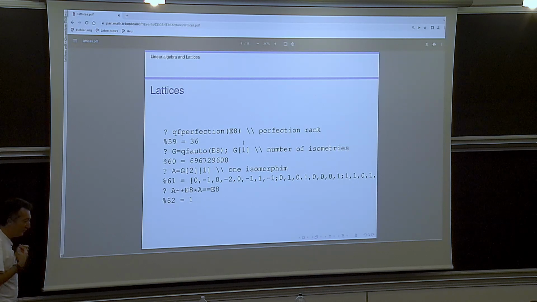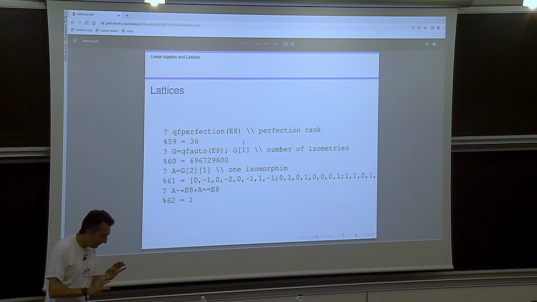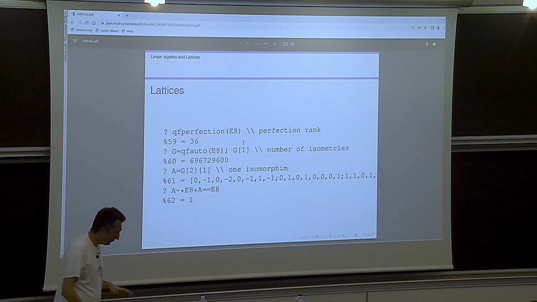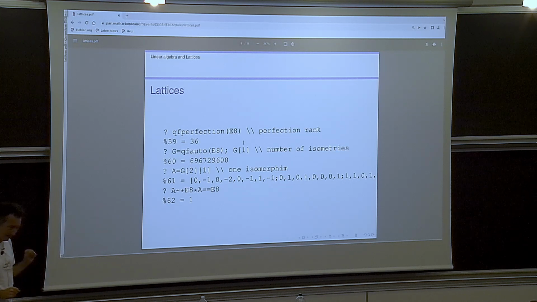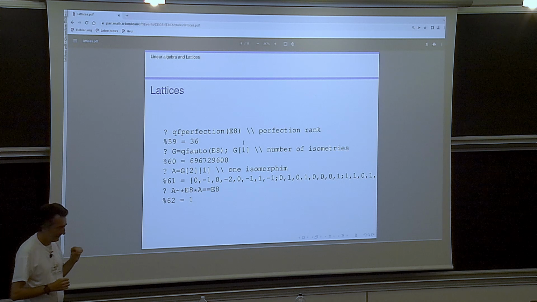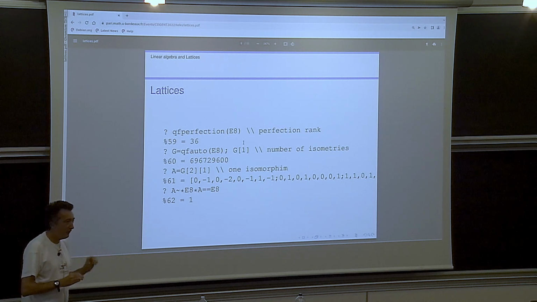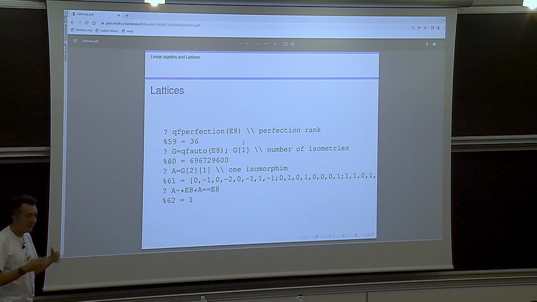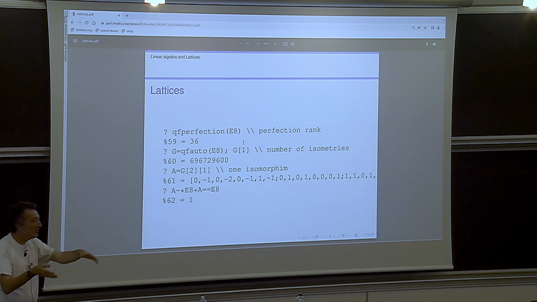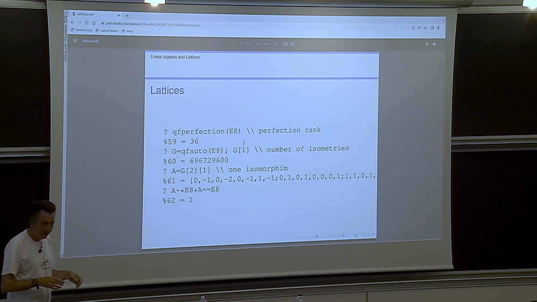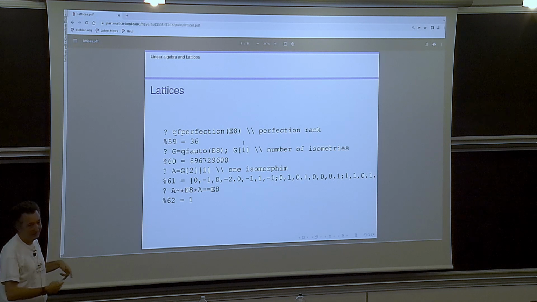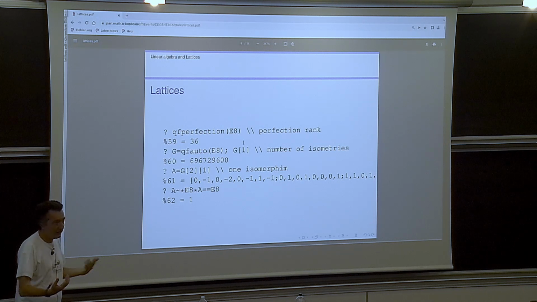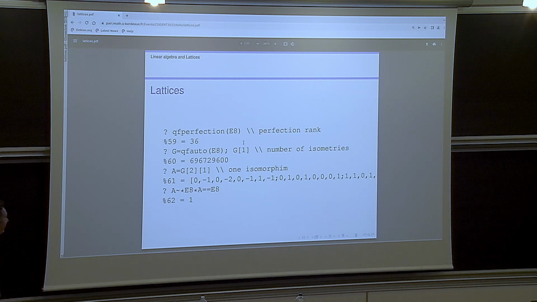Right. To me, as a rule, I think it's better that software provides export functions rather than import functions, because it's much easier to write an export function. It's much easier for PARI-GP to write the result of its own data structure in GAP format or Magma format, whatever, than for GAP to try to parse PARI-GP, because it doesn't have the PARI-GP parser. So you see, it's much less trouble.